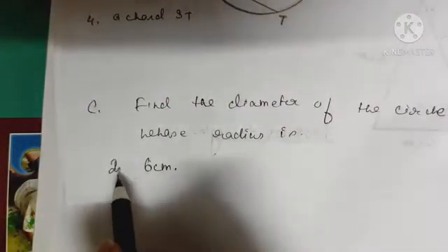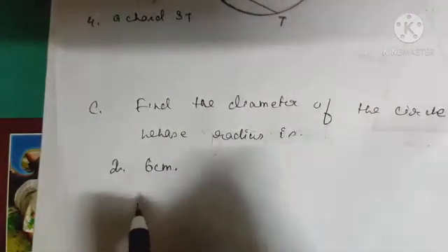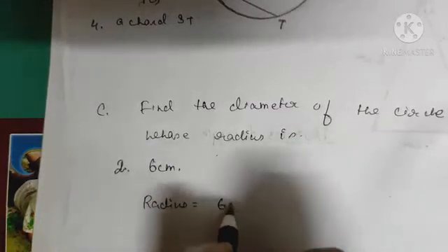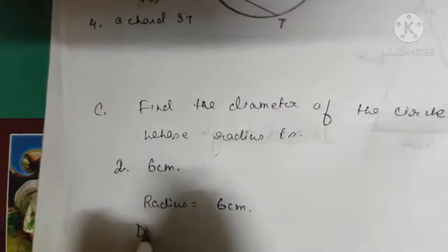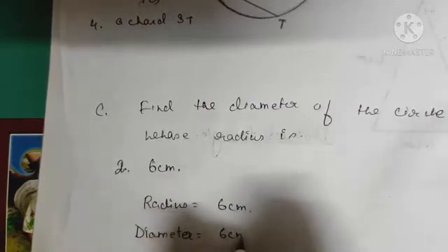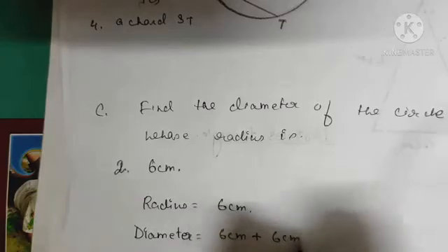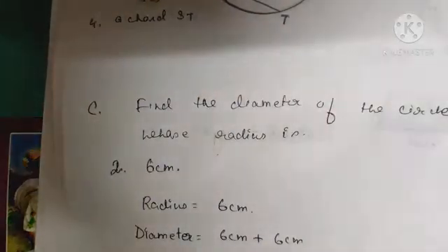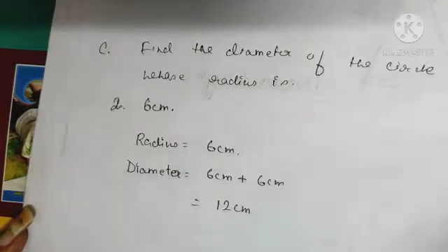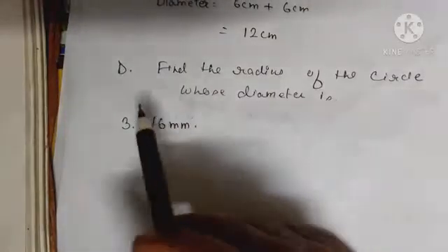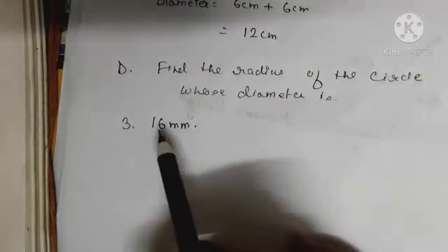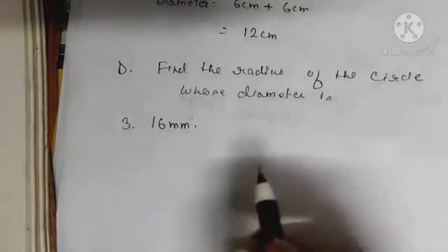So radius equals 6 centimeter, and diameter is twice the radius: 6 centimeter plus 6 centimeter equals 12 centimeter.